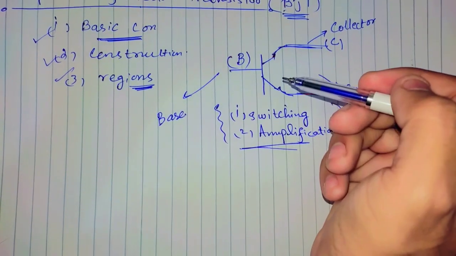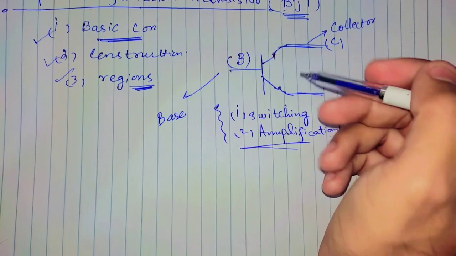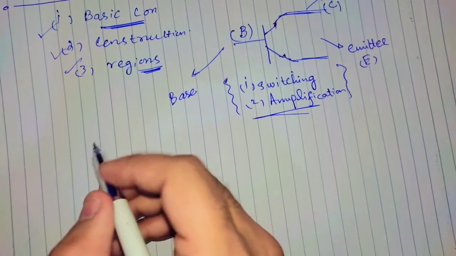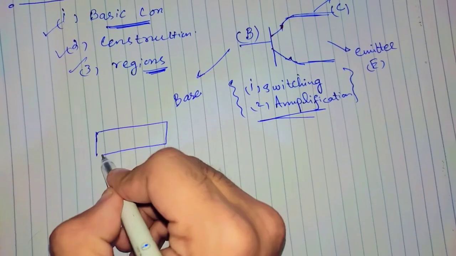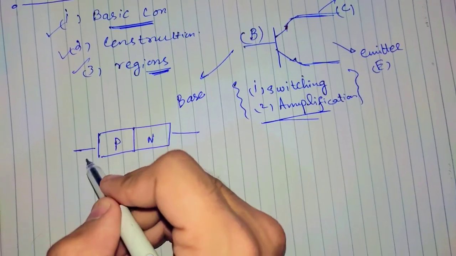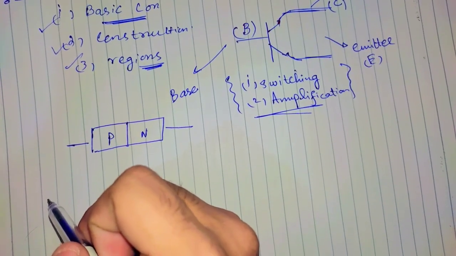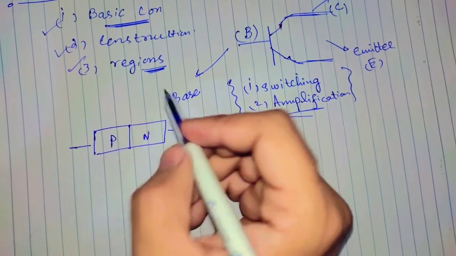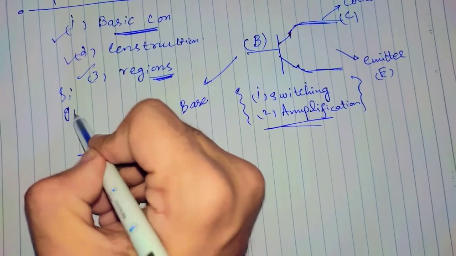Unlike other semiconductor devices which are made up from 2 pieces of semiconductor material to form a p-n junction, as we are all familiar with diodes, that have p-n junctions, we mostly use silicon or germanium.